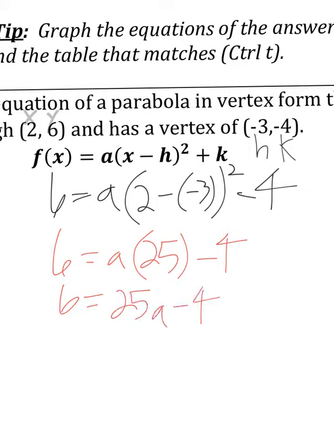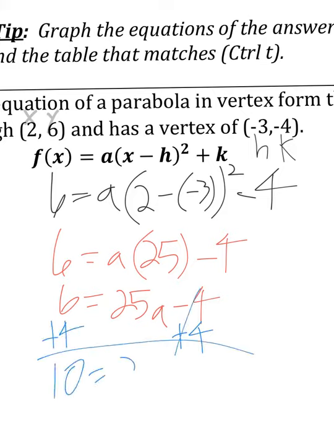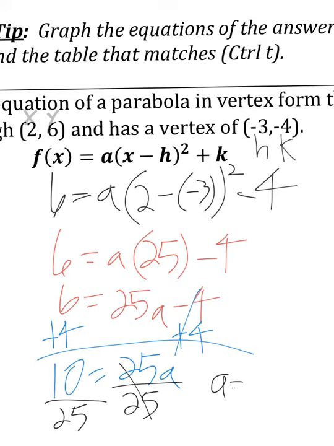All right, so just solve for a. Plus 4 to the other side. All right, this is 10 equals 25a. We'll divide both sides by 25. And then 10 over 25 will reduce to 2 over 5.